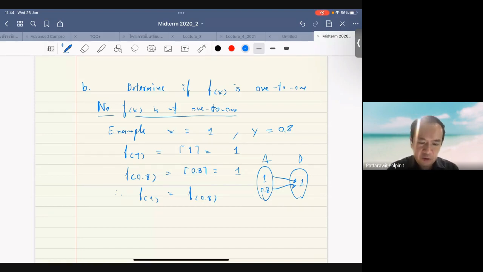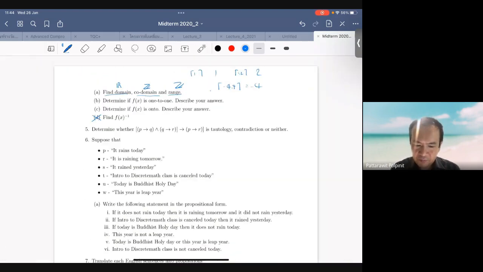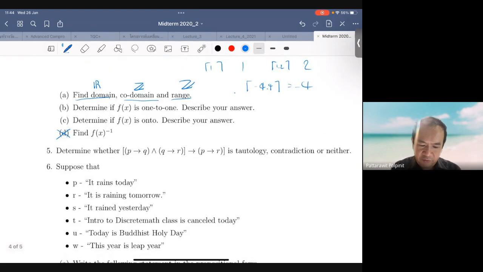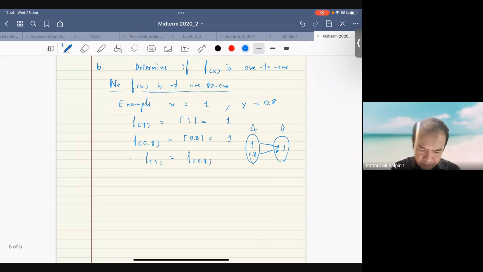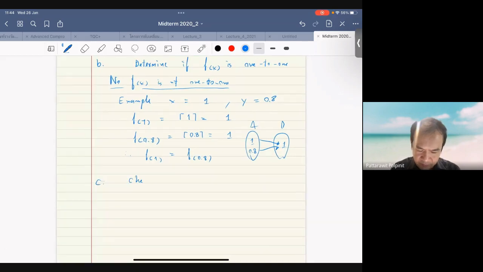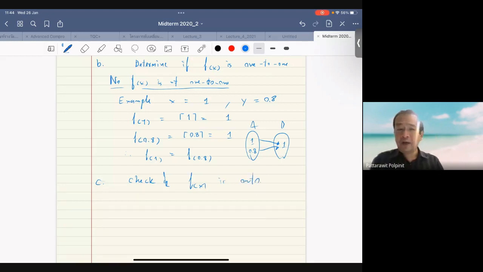All right, the second problem says check if f of x is onto. What do we have to do if it is not onto? We have to find, again... this is different.